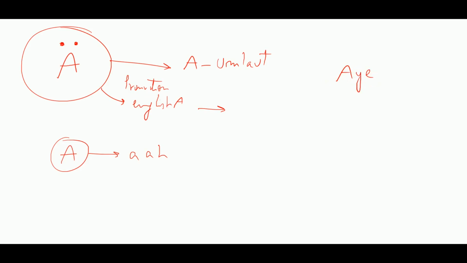Or in German there is a word called Bär, that is like beer, bear. Or the pronunciation looks like Mac. Although there is no umlaut there, how we pronounce Mac, that A sound comes as an umlaut sound.